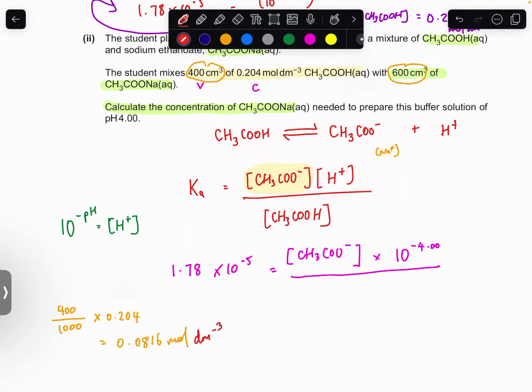So we've diluted it. That's why it gives you this concentration. So this value we'll plug in at the bottom here, 0.0816. And we can now work out the concentration of sodium ethanoate, but we need to do one little twist afterwards. So let's work that out.